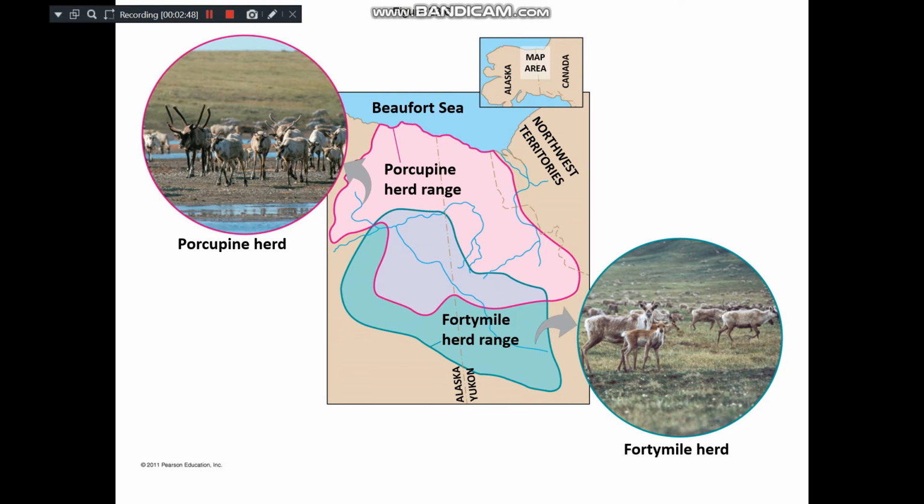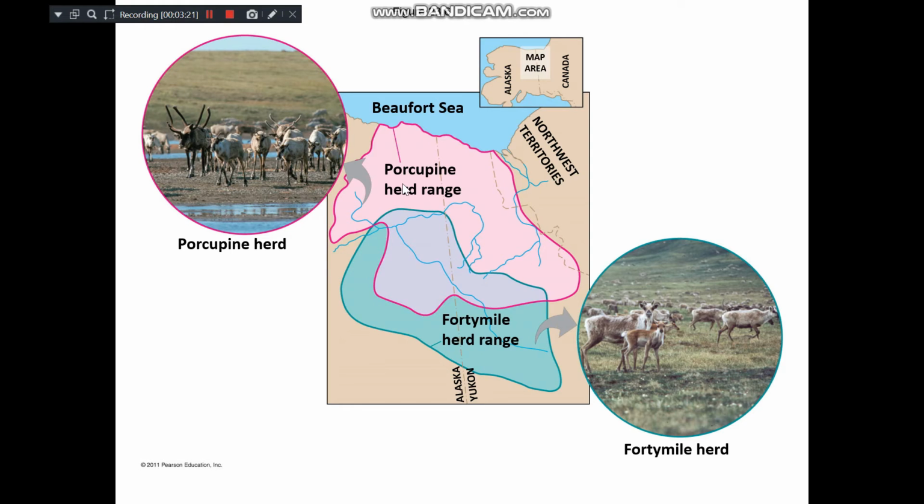See, this is a herd range of Caribou, the antelopes. This is the Porcupine herd area, and that is the 40-Mile herd area. These are the two populations. See here, this is the Porcupine herd, this is the 40-Mile herd.